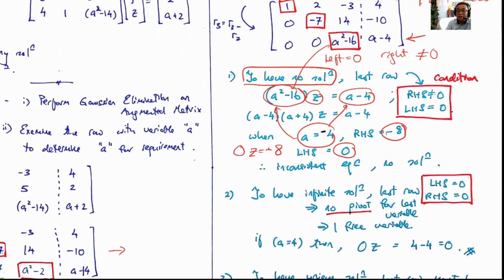And this is impossible. On the left hand side we have a 0 value, and on the right hand side we have minus 8. What this means is that the equation given to us is inconsistent, and therefore there is no solution that will solve Ax equals B for the given A and given B value.